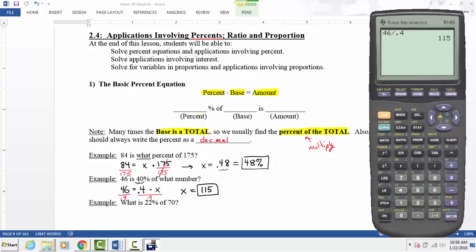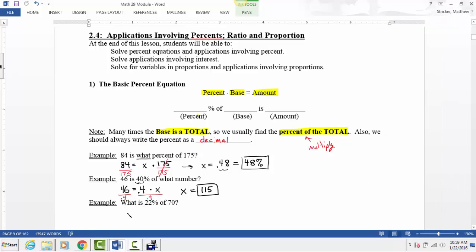Okay, the last one, what is? So that's the what. The what is the x, we don't know. So x is, anytime you see what is the x. What is equals 22%, move that decimal place, so it's 0.22 of, that's multiply, 70.